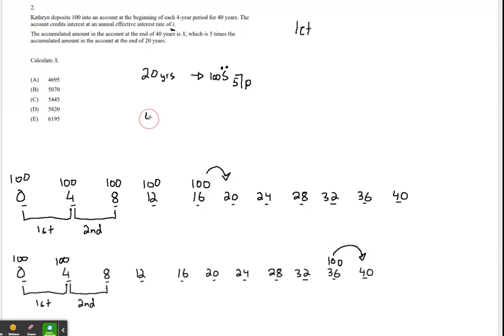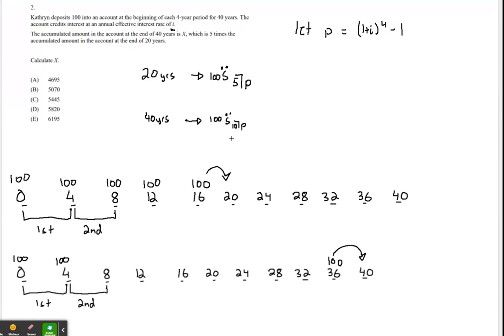So after 40 years, the accumulated value is 100 S double dot angle 10 at the 4-year interest rate, which is P. So it's the 4-year interest rate.